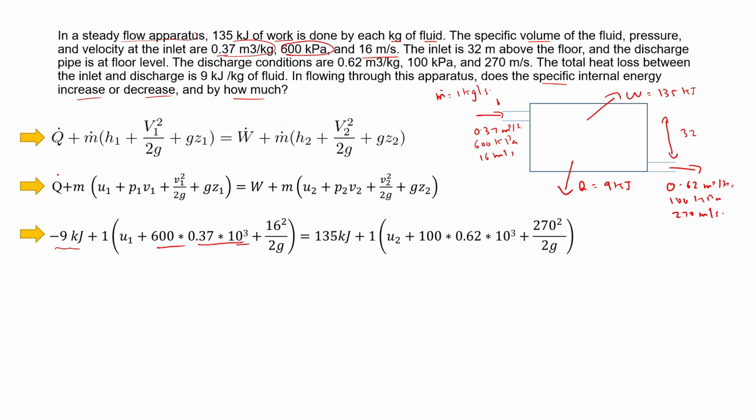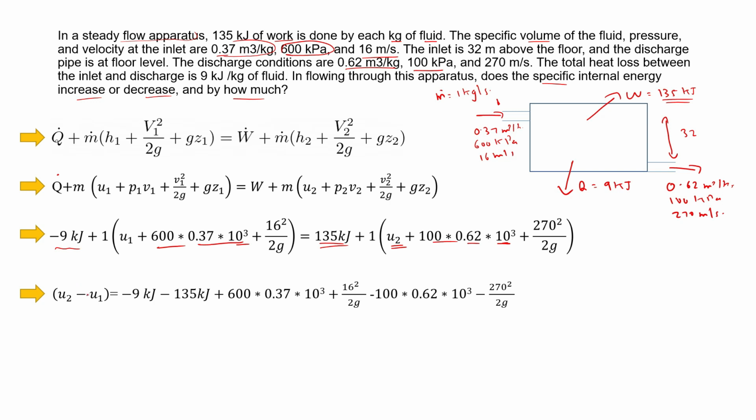Then W is given as 135 kilojoule plus 1 into U2, which you need to find out, plus P2 and V2, that is 100 kilopascal and 0.62 meter cube per kilogram into 10 raised to 3, plus 270 square by 2g.